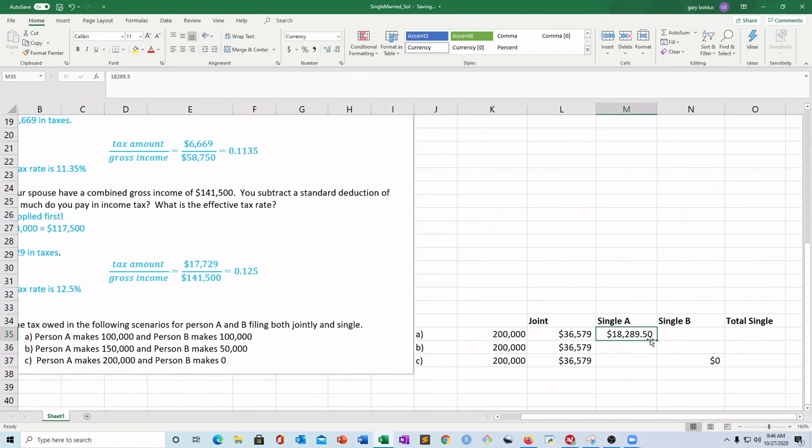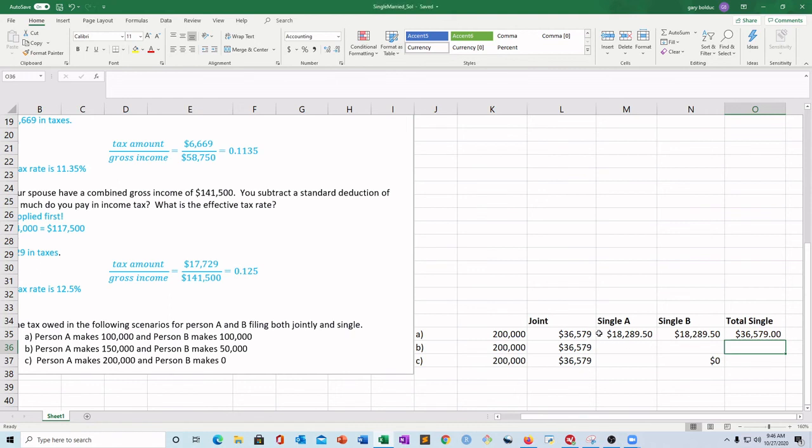All right, well, this is also true for this person because they both make the same amount of money. Both 100,000, they both pay this. So then total together, they would pay this amount plus this amount. Okay. So in this case, they actually end up paying the exact same amount.